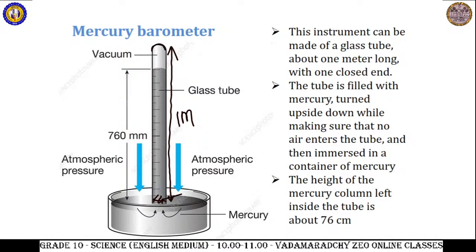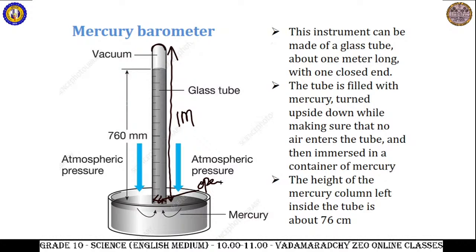This is the open end, and this one is the closed end. So first we have to take a 1 meter long glass tube. Thereafter, we have to fill this tube with mercury and turn it upside down.